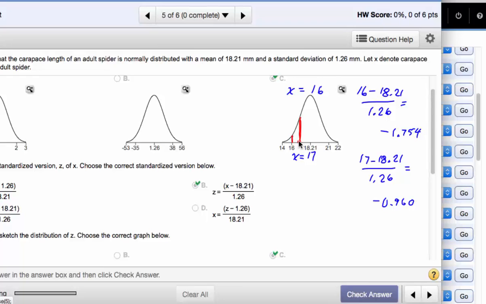And we talked about what? Area. What's the significance of that area right there, marked off by x equals 16 millimeters and x equals 17 millimeters? She said the relative frequency of getting between 16 and 17.